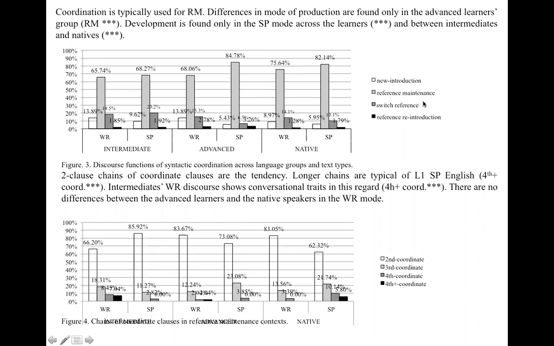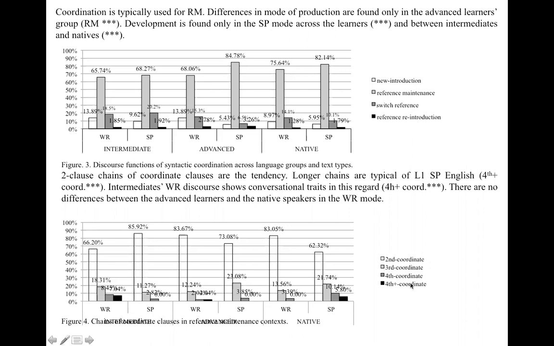So we can see that, as expected from the literature, reference maintenance is widely used in narratives, and coordination is a syntactic mechanism that is used to maintain the reference. And so learners seem to be aware of this.